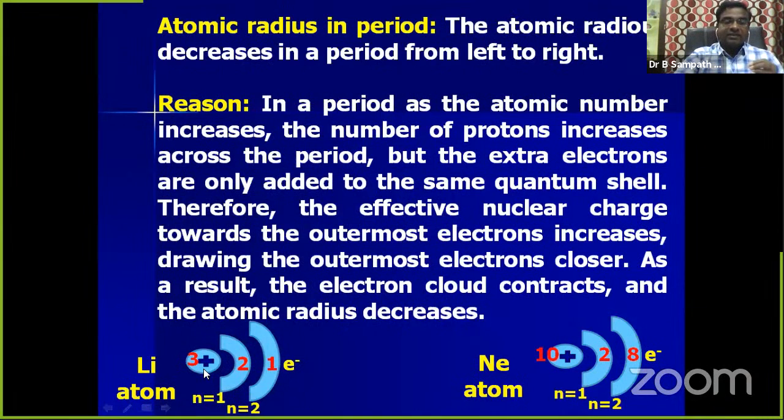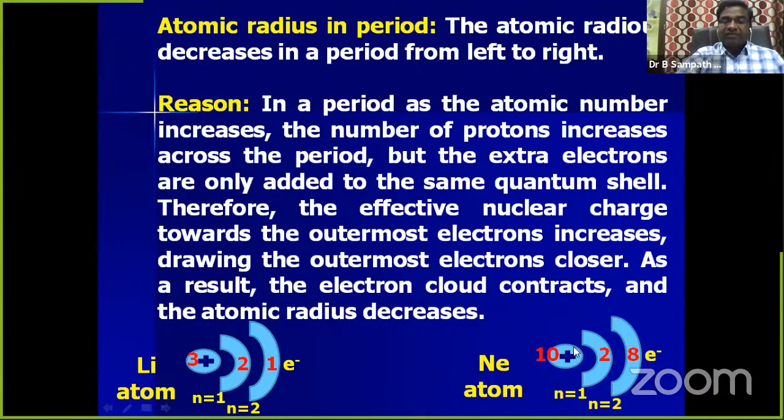The attraction between 3 protons and 1 electron is less compared to the attraction of 10 protons and 8 electrons. See children, only 3 protons are there in lithium, but here 10 protons. How many protons extra there? 7 protons. So this 7 protons charge is nothing but the effective nuclear charge. What we call effective nuclear charge.